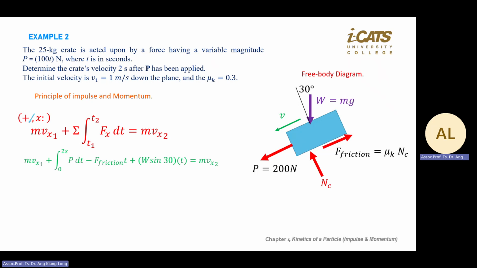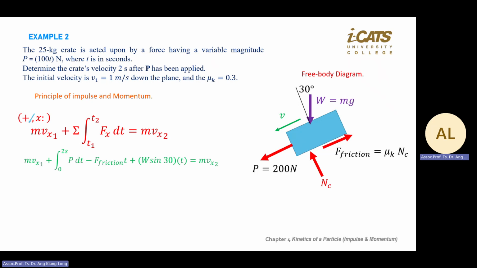So for x direction, you have 3 impulses: P, W in x direction, and friction. And one of the careless mistakes is that you always forget about the time. You forget to carry the time every time you link with the angle. Some of you are able to split force, but then in your answer, you forget about the time. Careless mistakes I always see in student work.